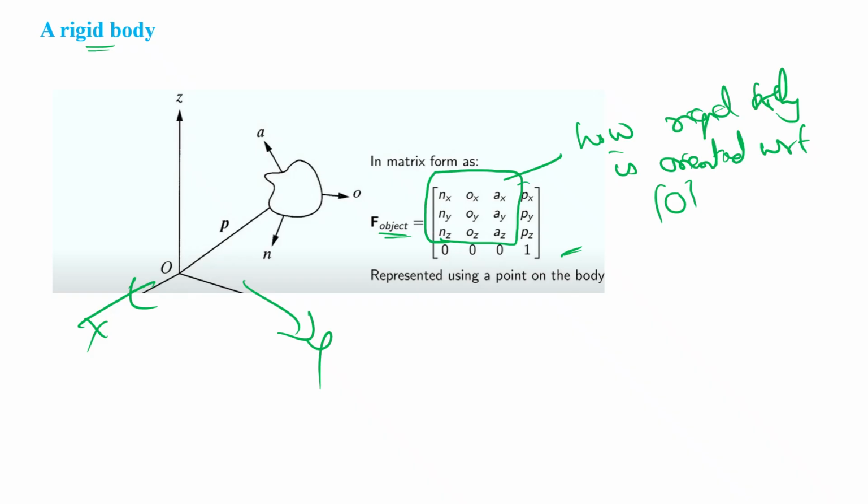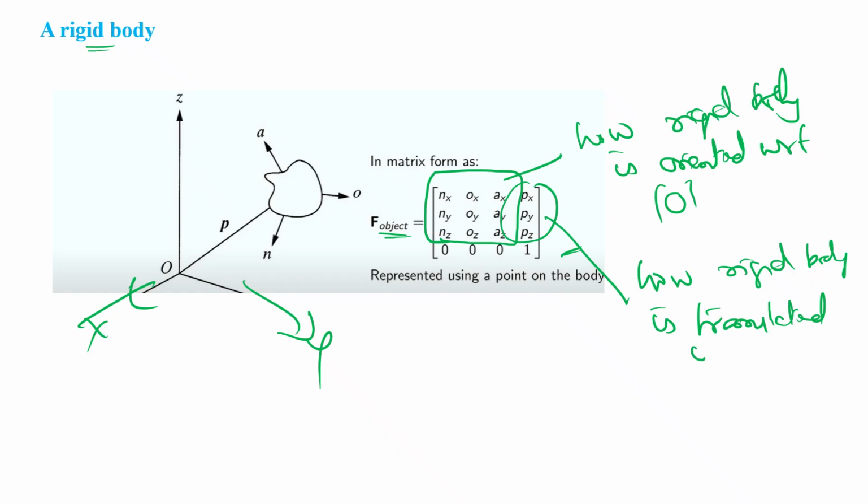Then this Pz shows how the rigid body is translated with respect to the O frame. So the rigid body should be represented in this way. Hereafter, remember, we have a 4 cross 4 homogeneous transformation matrix. In this, the 3 cross 3 represents the rotation or orientation part, and the 3 cross 1 represents the translation part, how far it has moved. So this is about rigid body.